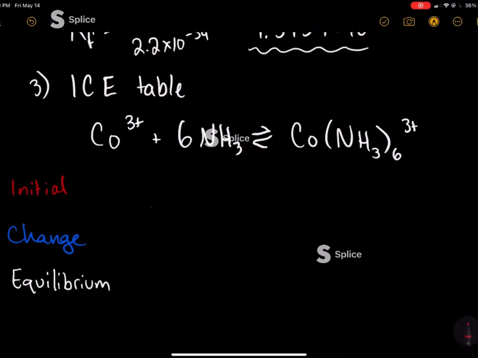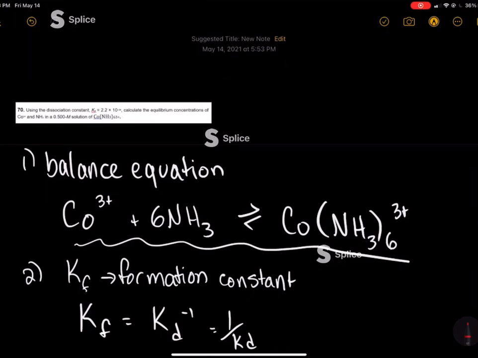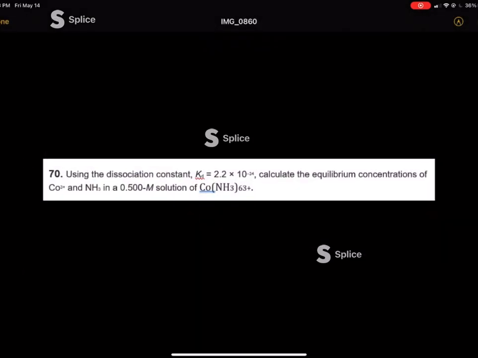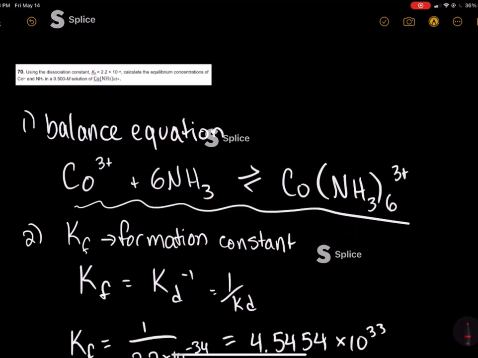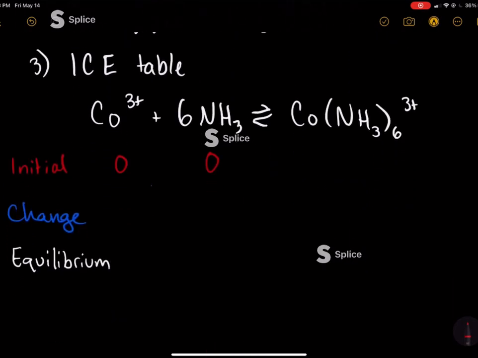So for our initial values, we start off with 0, because as it says here, we have a 0.5 molar solution. So that is 0.5. Now for our change, we have plus x.